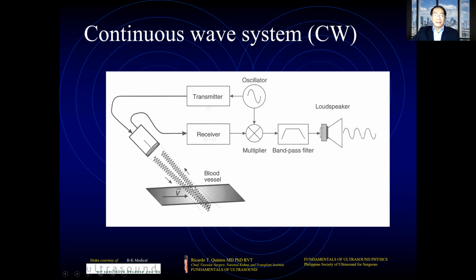And this will be echoed back and picked up by a second transducer or a second crystal, which then converts the mechanical energy into electrical energy, and electrical energy is brought into the receiver, and this receiver is then interpreted by the central processing unit, and then it's again amplified and brought out to a speaker, so you are able to hear the sound. If it is not through a speaker, it is brought out through a display monitor where sound is converted into light energy.